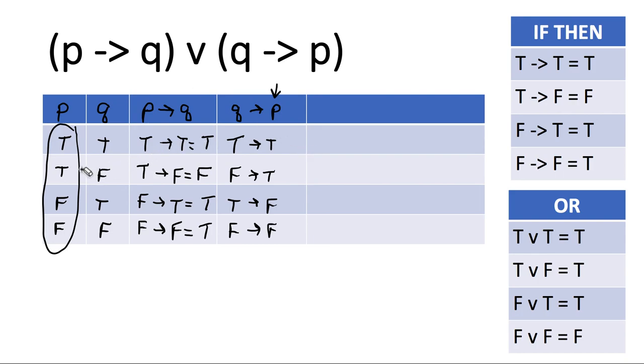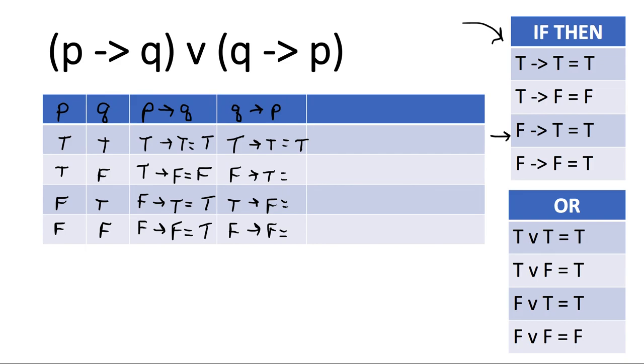Now, once that's set up, again, I need to find the truth values for each of these statements. So again, I'm going to come off to the side and I'm going to use my chart to look up each of these solutions. So I know that the first one is going to be true. The second one, F arrow T, that's right here.